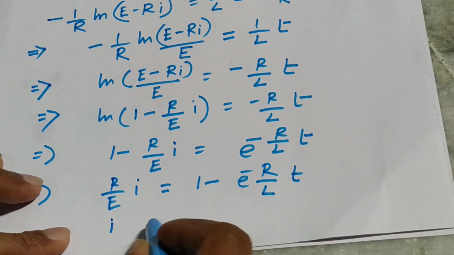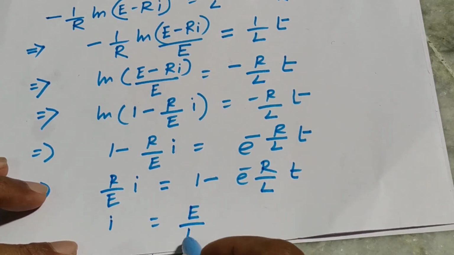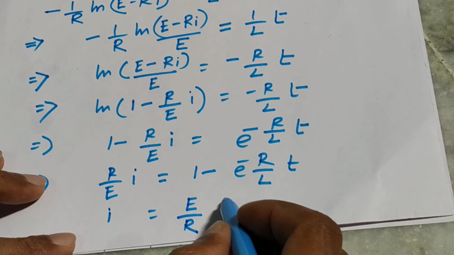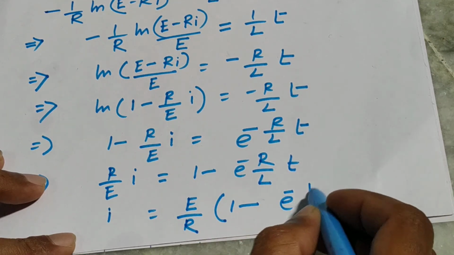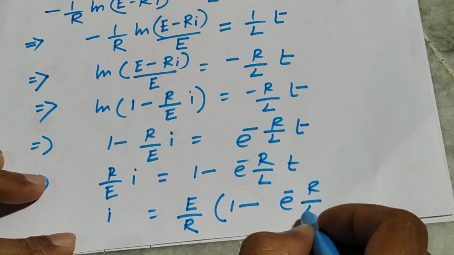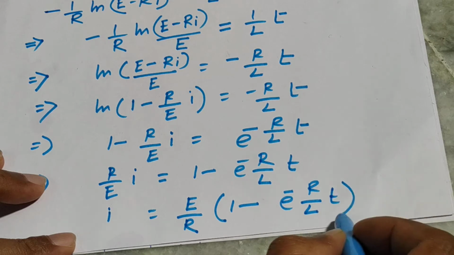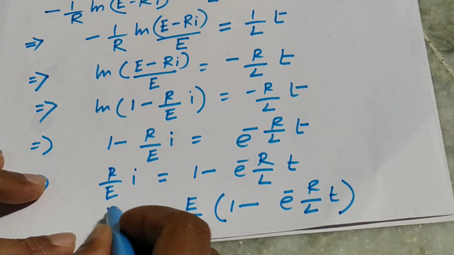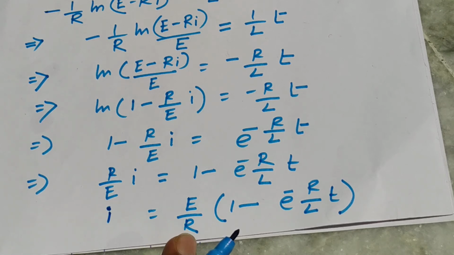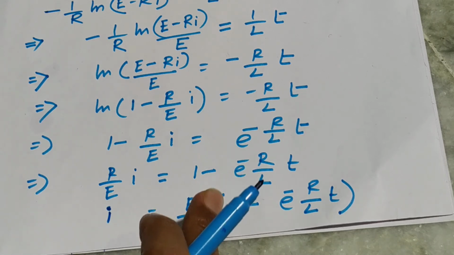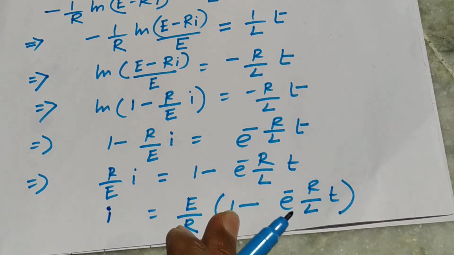Or I equal to E by R into 1 minus exponential minus R by L into t. So this equation represents the growth of the current in the circuit.